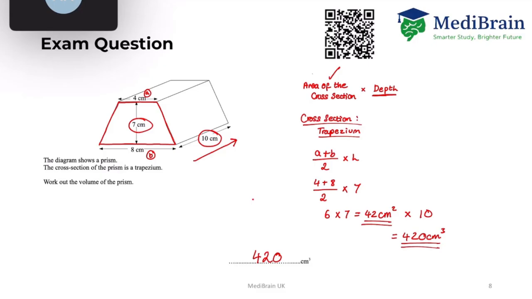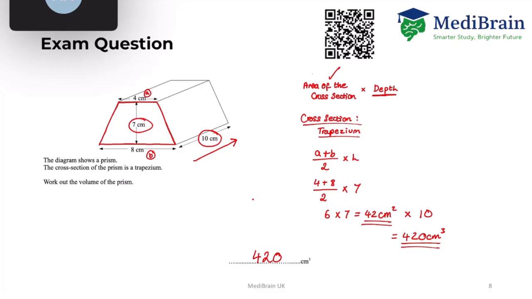So we worked out the area of a trapezium by using the formula a plus b divided by 2 multiplied by the height, and then we multiplied it by the depth, and the depth is how much through the shape that it goes, and it goes 10 centimeters through the shape, so we multiplied it by 10, and 42 times 10 gives you 420 centimeters cubed.